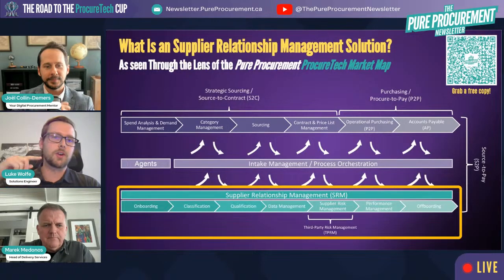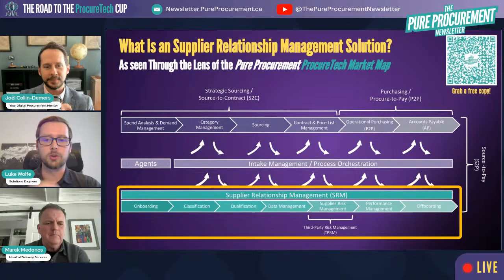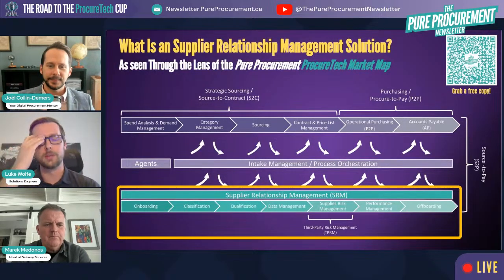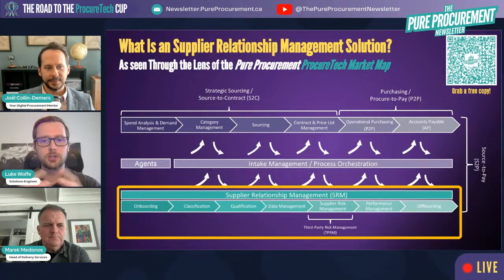They're updating their data, you're updating your data, you're collecting information, performance and scorecards, continually improving your relationships with them, and eventually offboarding most of the time. But it's a very important cycle to make sure you're getting the most out of a core piece of your supply chain.